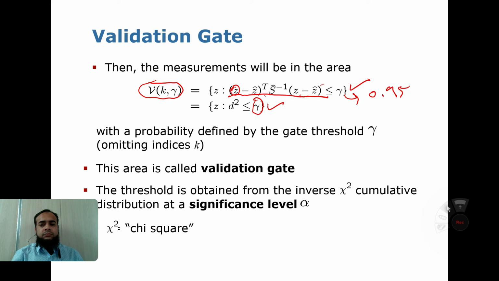If it's less than the threshold, then those measurements are selected. The output of this equation is the validated measurements, selected using this threshold.